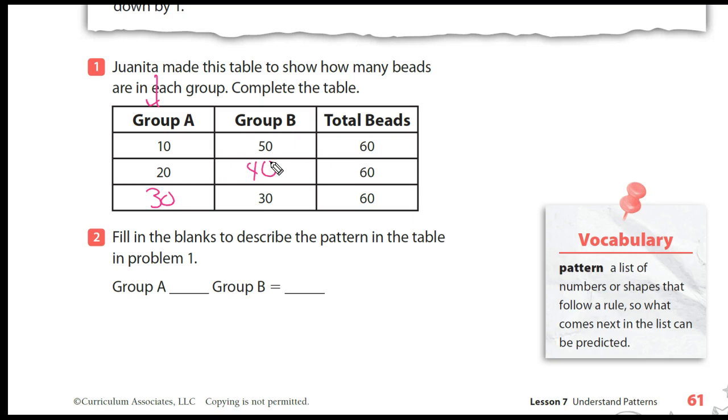So 20 plus 40 is 60, and obviously 30 plus 30 is 60. So fill in the blank to describe the pattern in component 1. So group A, we're adding 10. And then group B, we're subtracting 10. And that's how the pattern is going.